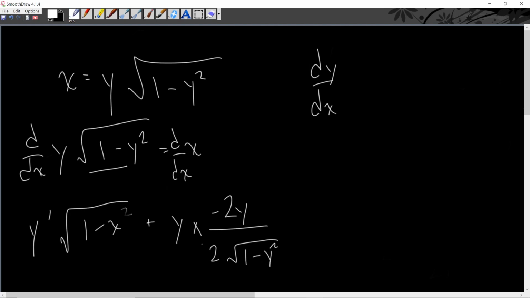Okay, it's getting a little bit long as a video, but okay. So we have y times negative 2y over 2 square root of 1 minus y squared. Again, we had negative 2y from the inside derivative, and then 1 over 2 times square root of 1 minus y squared is the derivative of a square root, and this is going to be equal to 1.